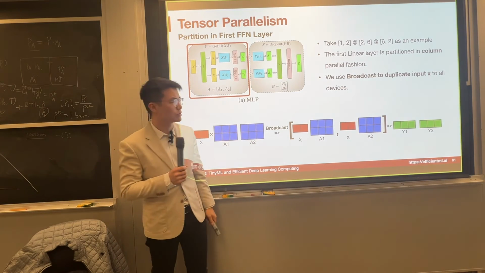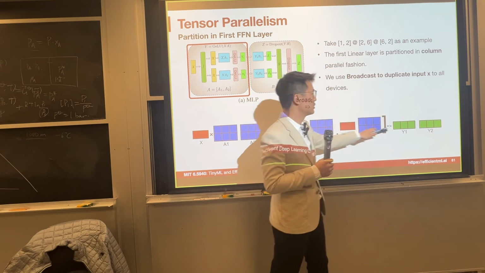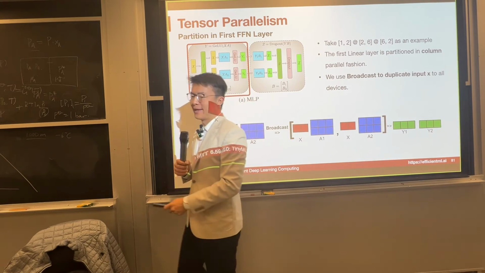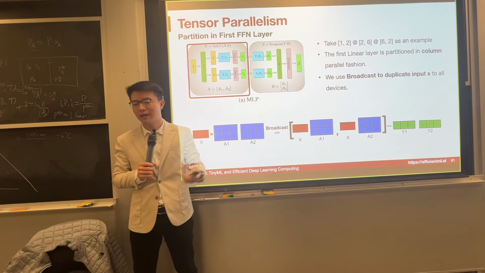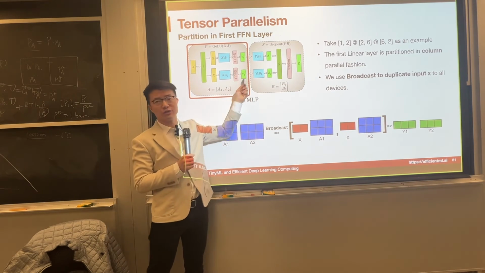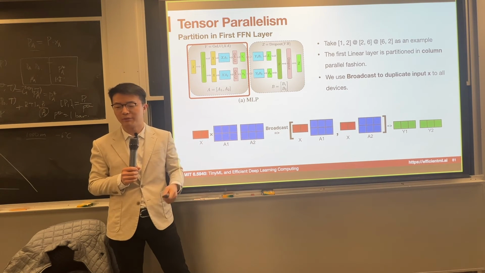There's no need to do any reduction. So this is 1 by 2 times 2 by 3, and you get 1 by 3 in the end. You get y1 and y2, which is here. They are completely independent. No reduction is needed. No communication is needed among these two GPUs. And so far, we completed the first layer of the MLP.